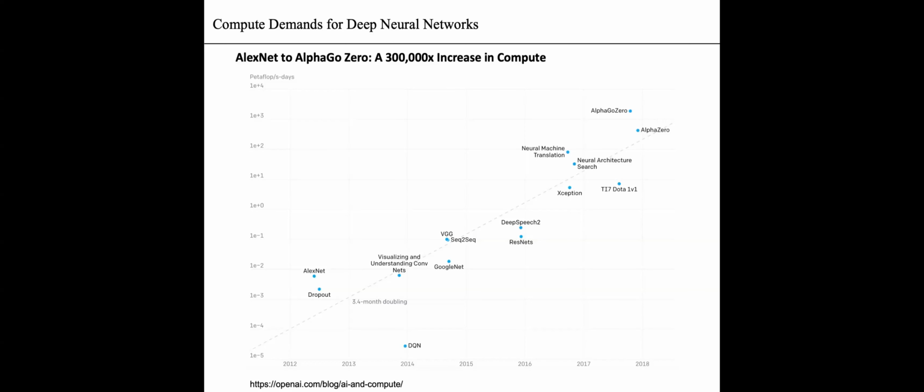Since the invention of AlexNet in 2012, a lot of deep neural networks have been developed with stronger modeling capacities, but at the same time, the computational cost also increased significantly, as you can see from these vertical axes here, measured by the floating point operations, the FLOPs.